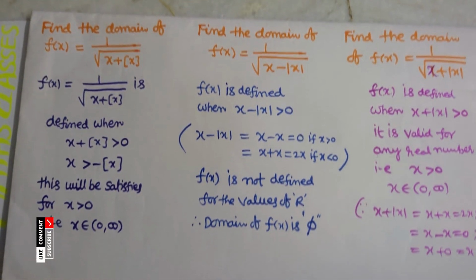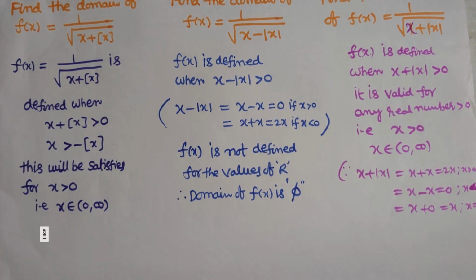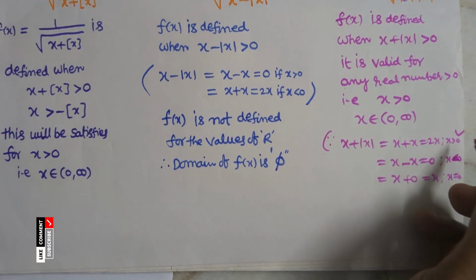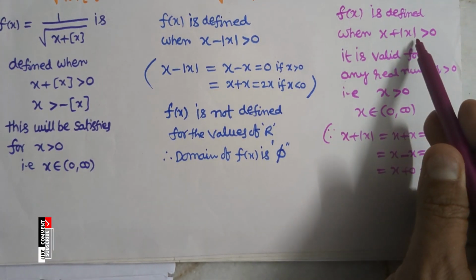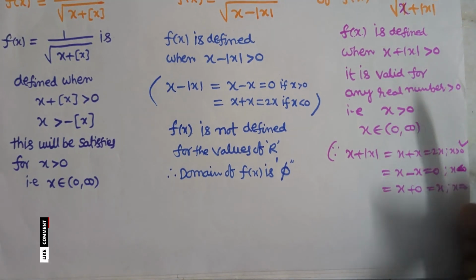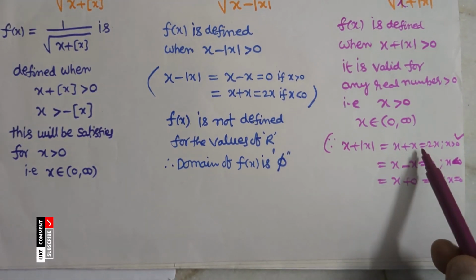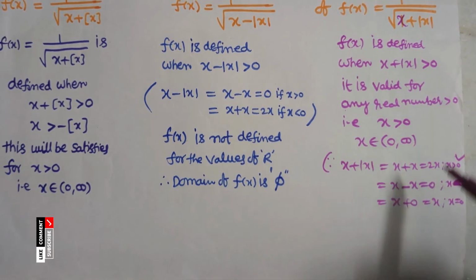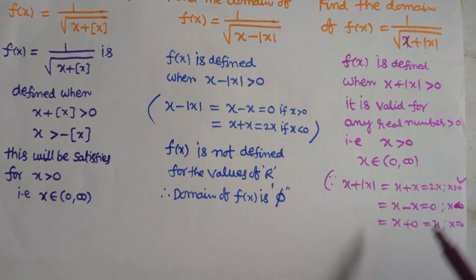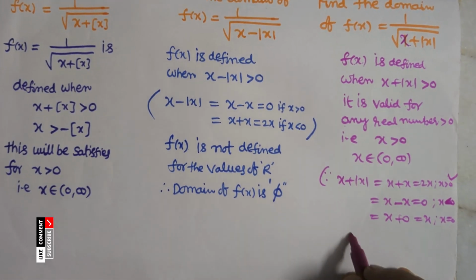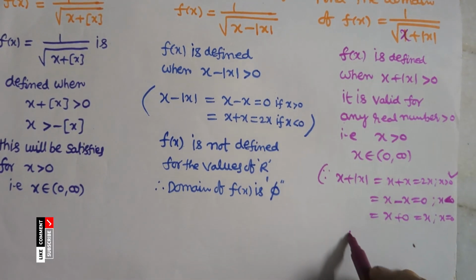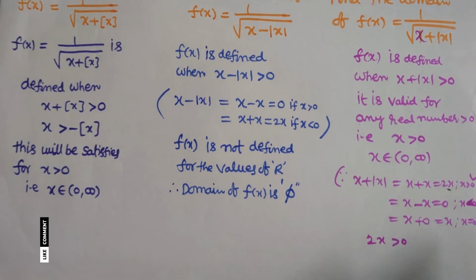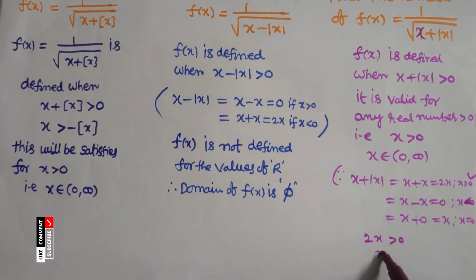Among these three conditions if you see, x greater than 0 we want. Why? Because x plus mod x is greater than 0. X plus x equal to 2x, x is greater than 0. So it is defined for only x greater than 0, no? So root 2x, 2x is greater than 0 means obviously x is greater than 0.